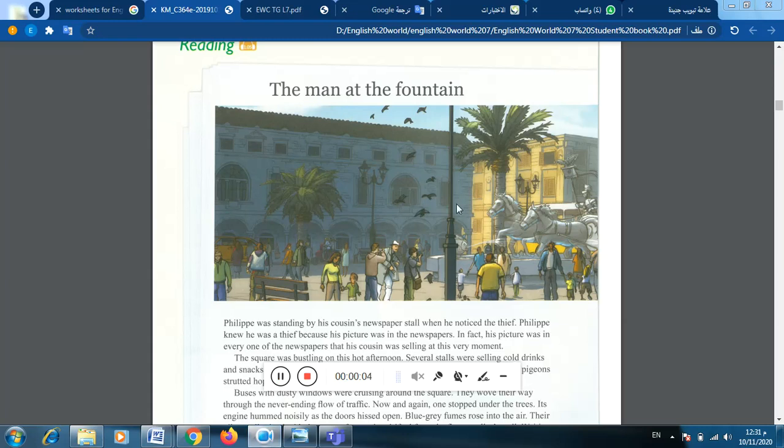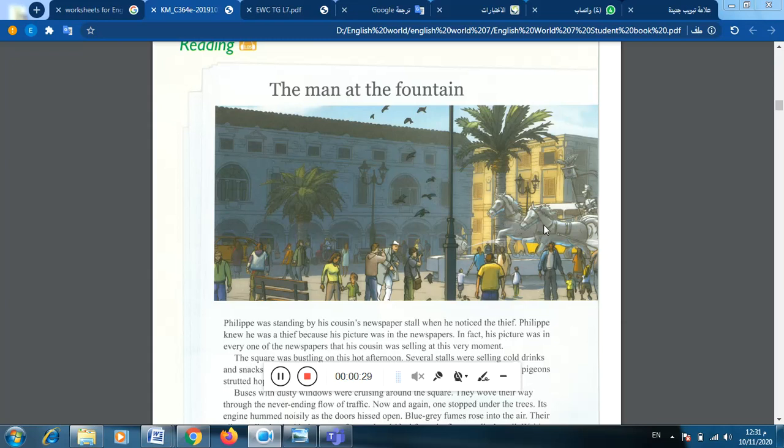Welcome, my students. Today, inshallah, we're going to study Unit 2, reading lesson, The Man at the Fountain, English word, okay? The Man at the Fountain, okay. Here, we can see a picture, okay? There are a lot of people, and we can see animals, okay?